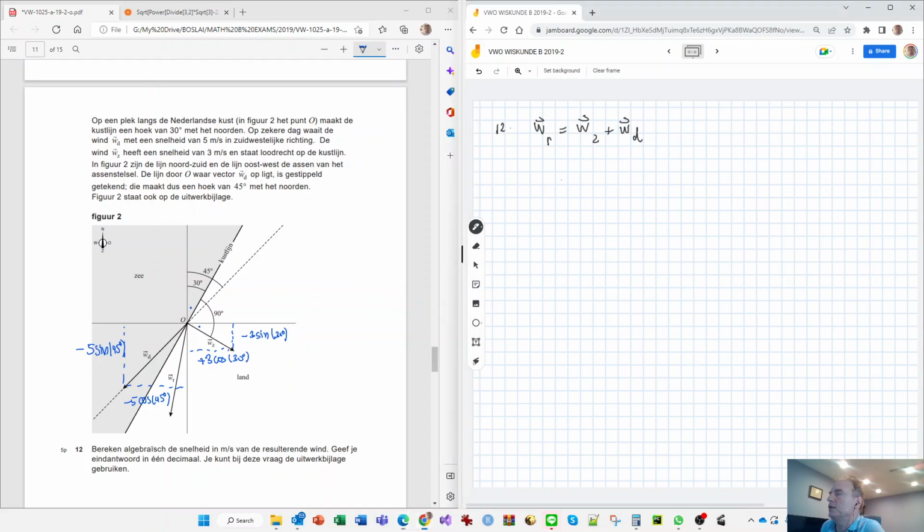So we get, well, actually, the sine of 30 degrees is 1/2.